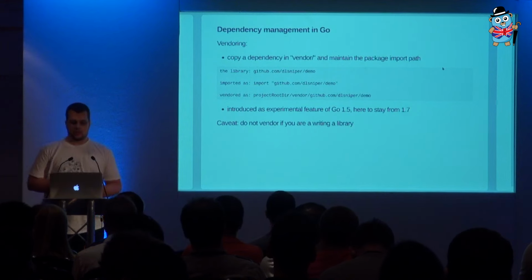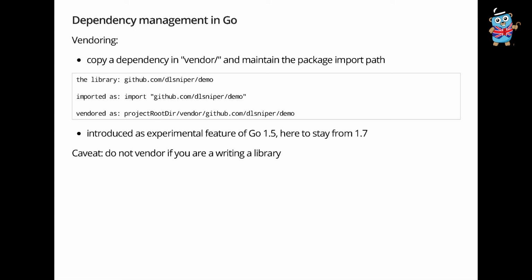In Go, we call vendoring a way to manage our dependencies. By vendoring, we usually mean taking the import path that you have. For example, if you have github.com/dlsniper/demo as an import in your application, you would like to have that vendored, or better said, copied into your project root directory vendor, with the same import path.